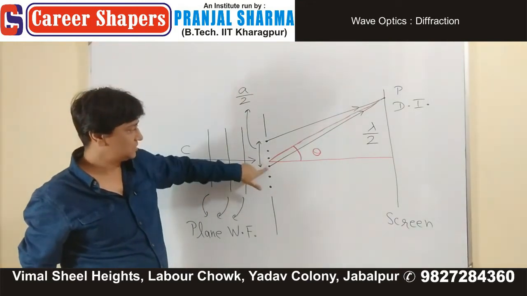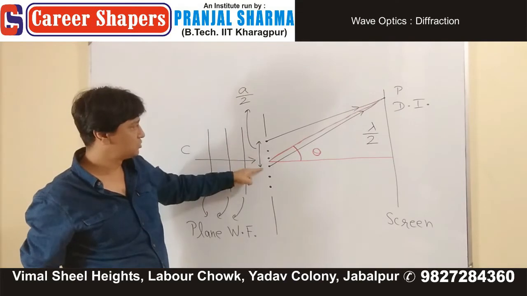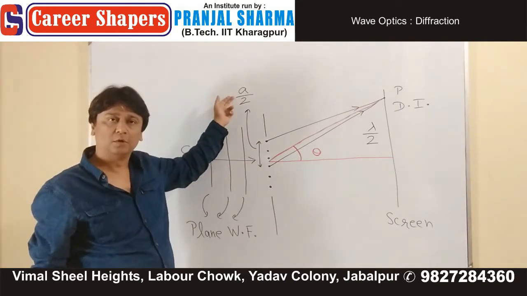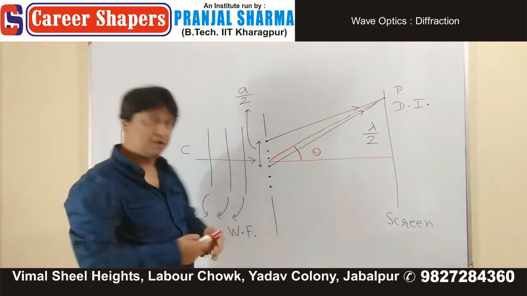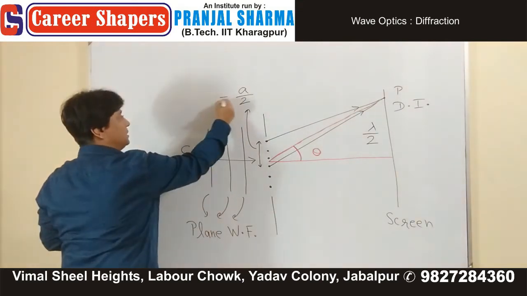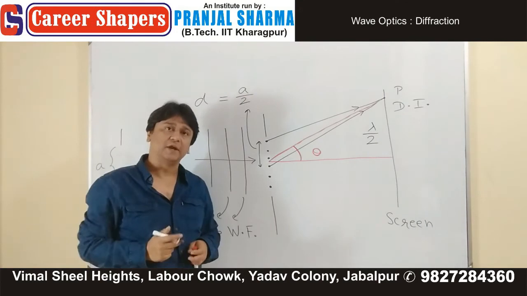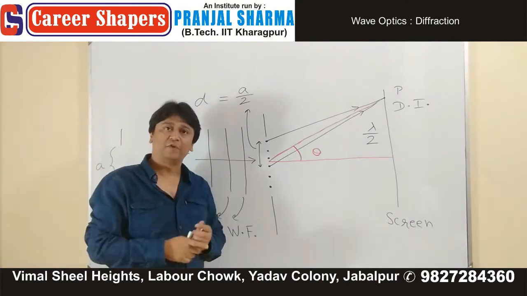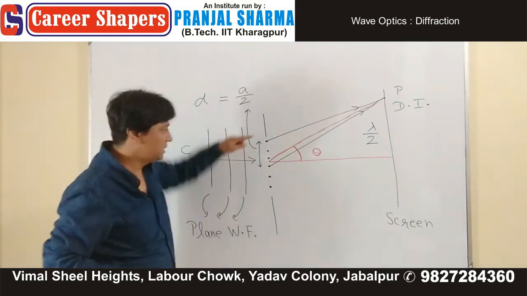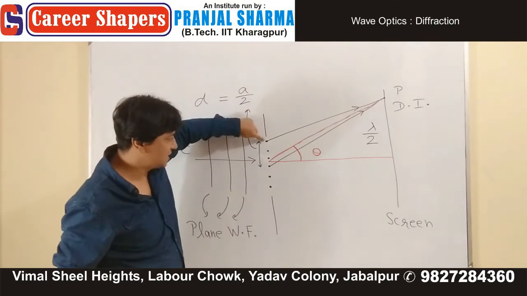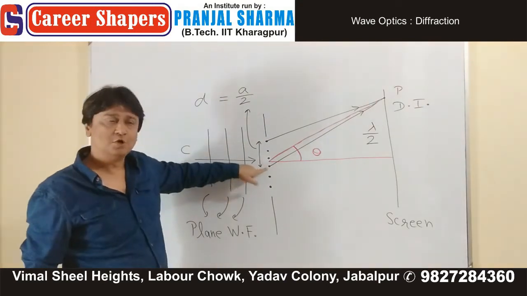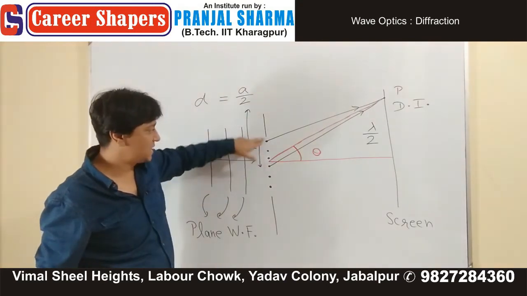First, the distance between these two will be what? A by 2, which is equivalent to small d of YDSE. In YDSE we had S1 and S2. For the time being, consider this as S1 and this as S2. So what was the distance between S1 and S2?